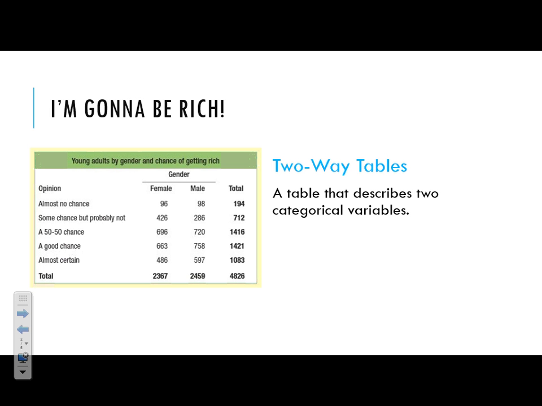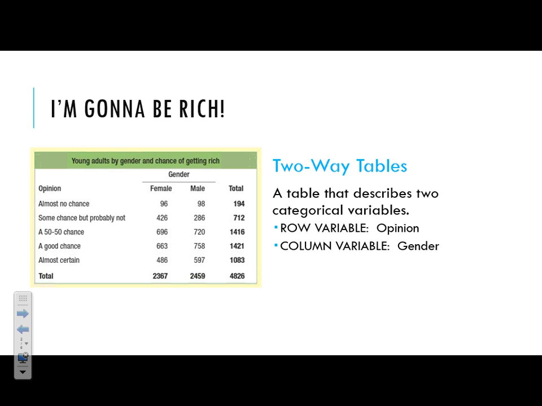And our two categorical variables can be broken down by their position within the table. We have ourselves both a row variable and a column variable. The row variable in this problem is their opinion that one day they are actually going to strike it rich. And you can see we've taken their opinion and broken it down into 5 different categories: almost no chance, some chance but probably not, a 50-50 chance, a good chance, and almost certain.